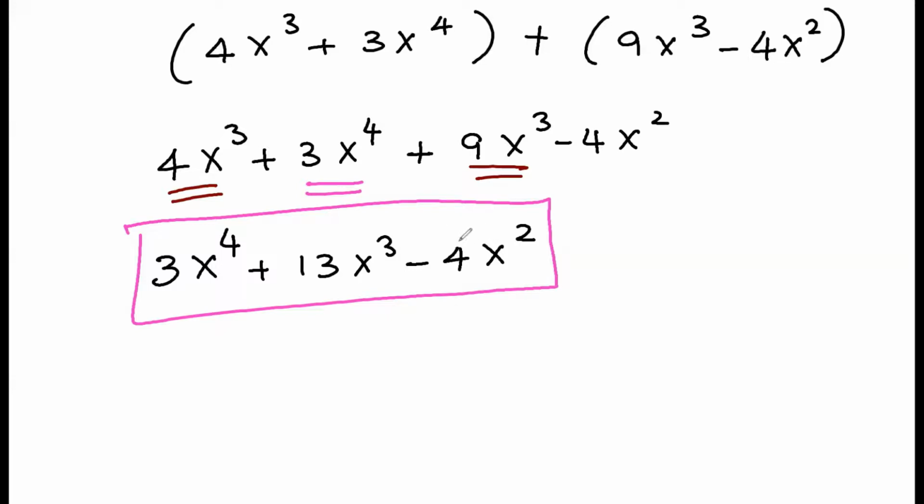So you start with the highest degree of the polynomial, which is going to be the 4, and then go in the decreasing order. So you start with x to the power of 4, and then you combine like terms, then you do the x cubed, and then you do the x squared, and so on and so forth. Hope the addition is clear.